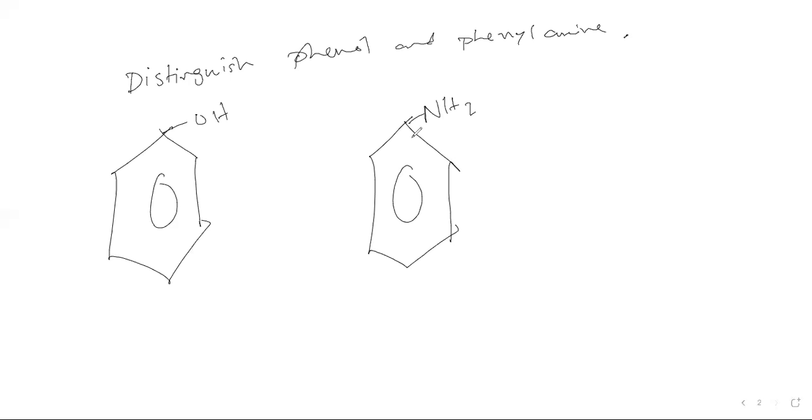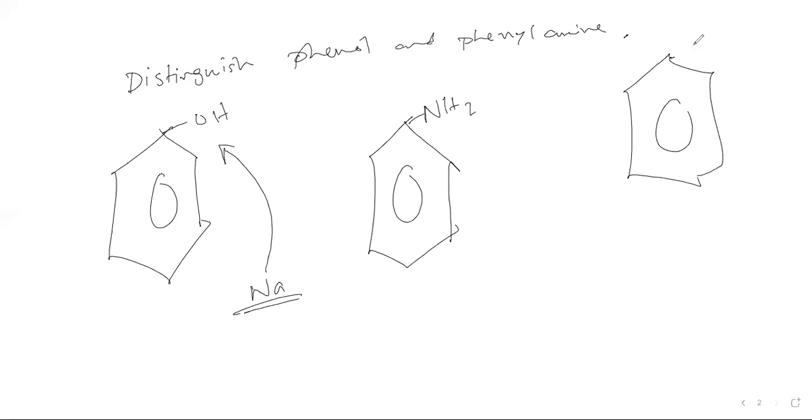In our last lecture, in the third part of organic chemistry, we saw that when we introduce sodium, it reacts with phenol. Why? Phenol is acidic. Phenol has the characteristic of donating H plus ions in the solution. That acidity reacts with sodium.